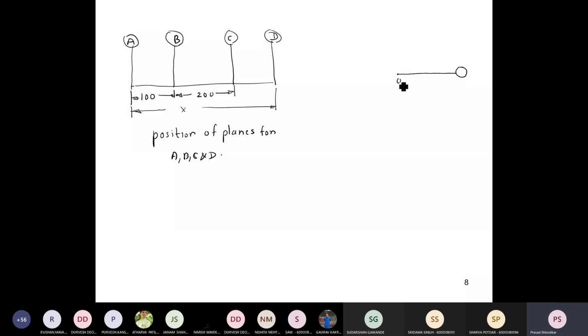So angle BOC is 100 degrees. So draw it. This is your C. This is B. And this is 100 degrees.